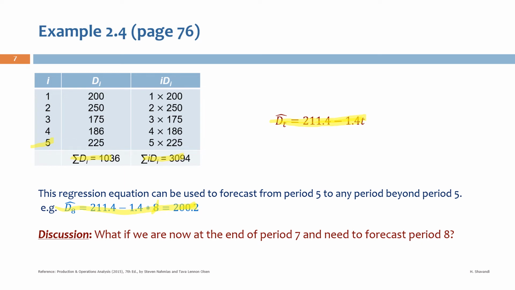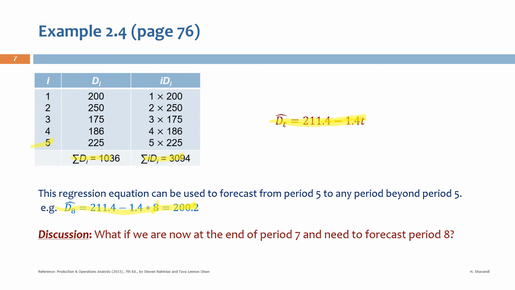Okay, so as a discussion, what if we are now at the end of period 7 and need to forecast period 8? What should we do here? Since we are assuming that we are at the end of period 7, we need to recalculate the parameters A and B. Actually, as we obtain new data, we need to update the intercept and the slope.